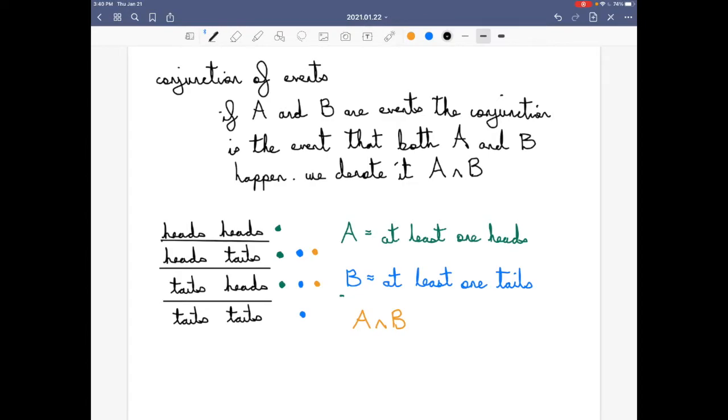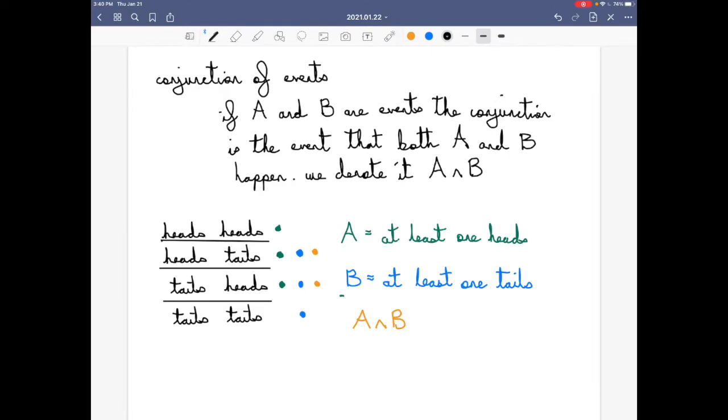And then we can say, all right, B is the event that we see at least one tails. So that's a condition we're placing on our data, and we can see which entries in our database satisfy that. We can see it's heads, tails, tails, heads, and tails, tails. So those 3 outcomes are in the event B.